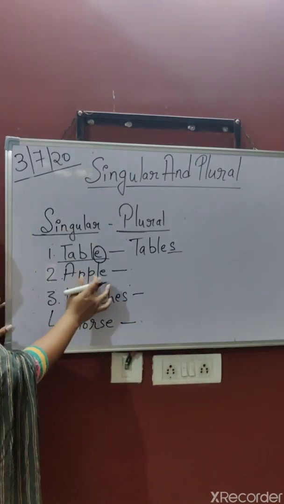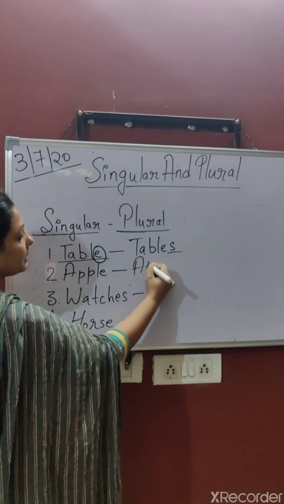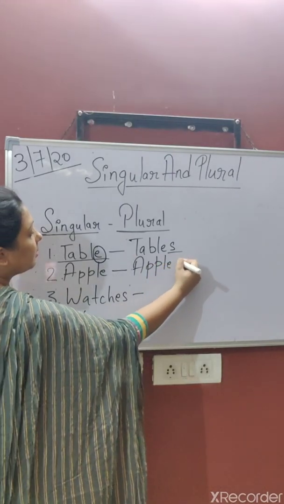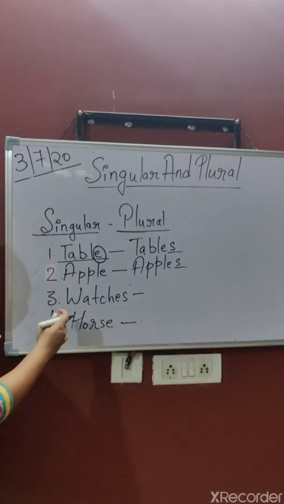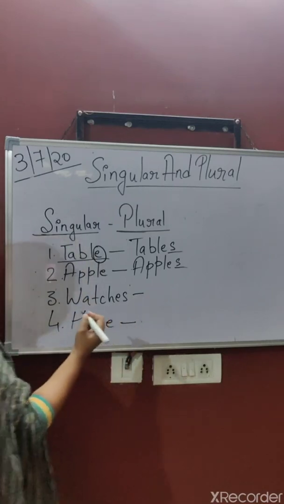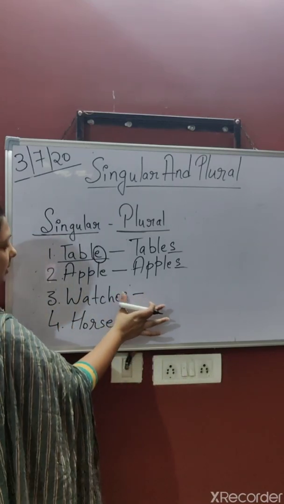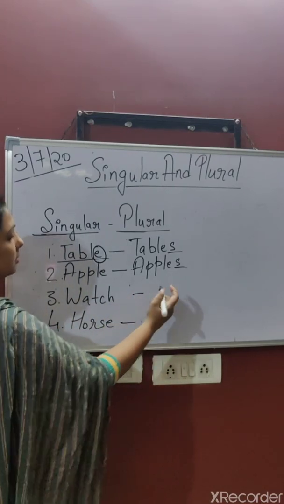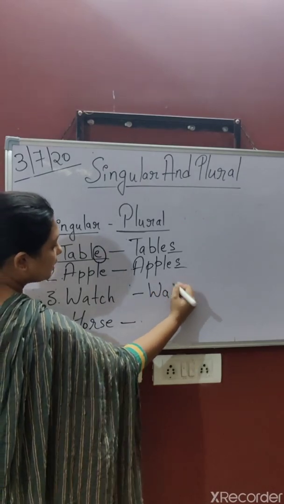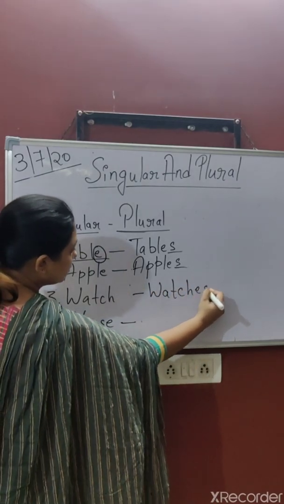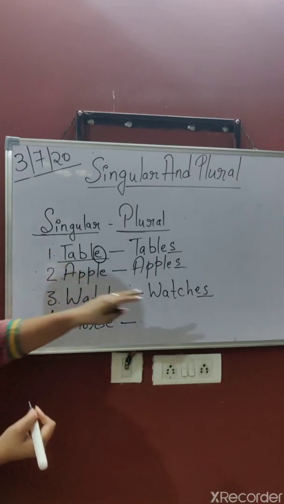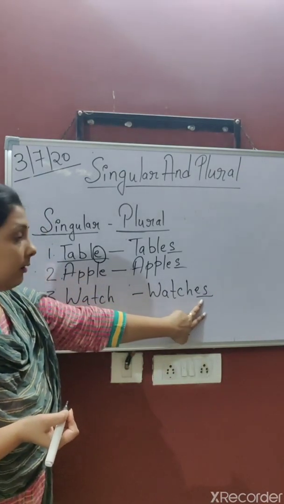Now the second one, apple, apples, S. Now watch, watches. Now you can see that I add es over here, right?